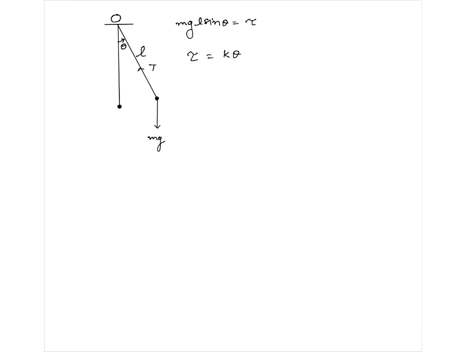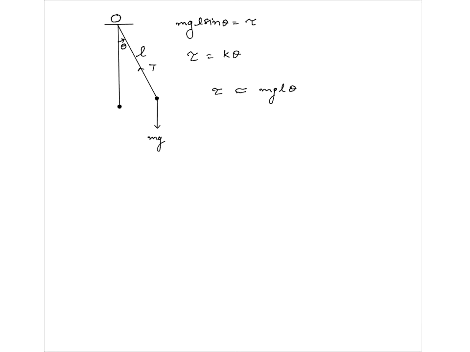However, if theta is very small, something like less than 4 degrees, and if it is in radians, theta is small, in that case we can make an approximation. We can take sine theta as theta. So we get this. Now we find it is working.